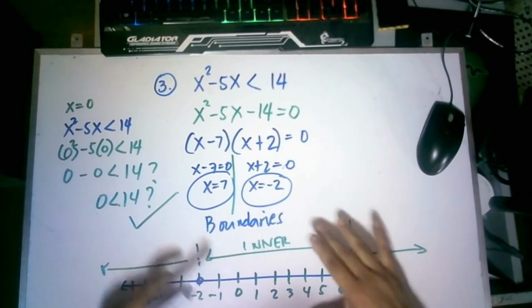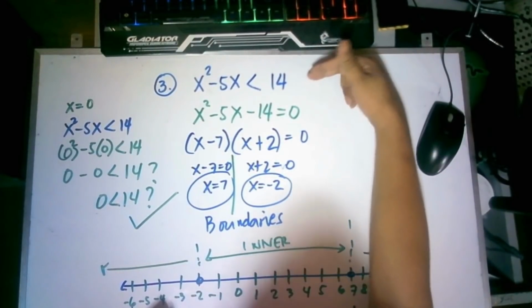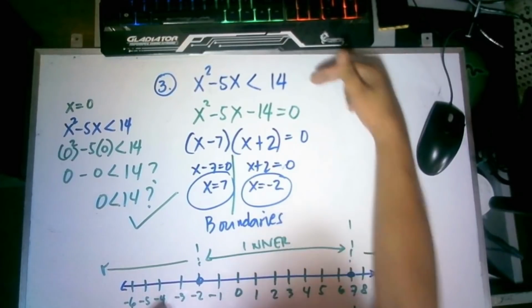The inner portion. Mao ni akong sekreto nga ipakita, gusto nga ipakita sa inyo ha. And the outer portion, this will make the equation false. No? This will make the equation false.